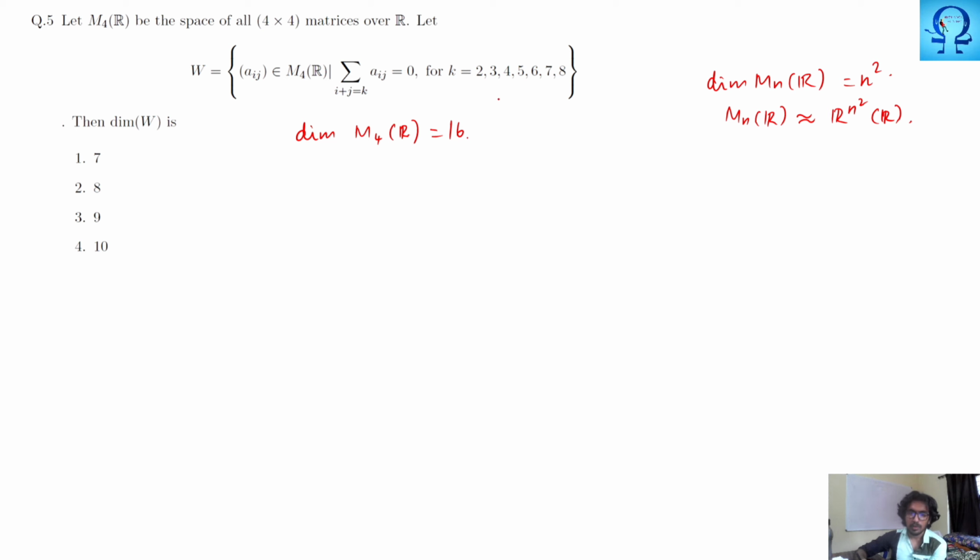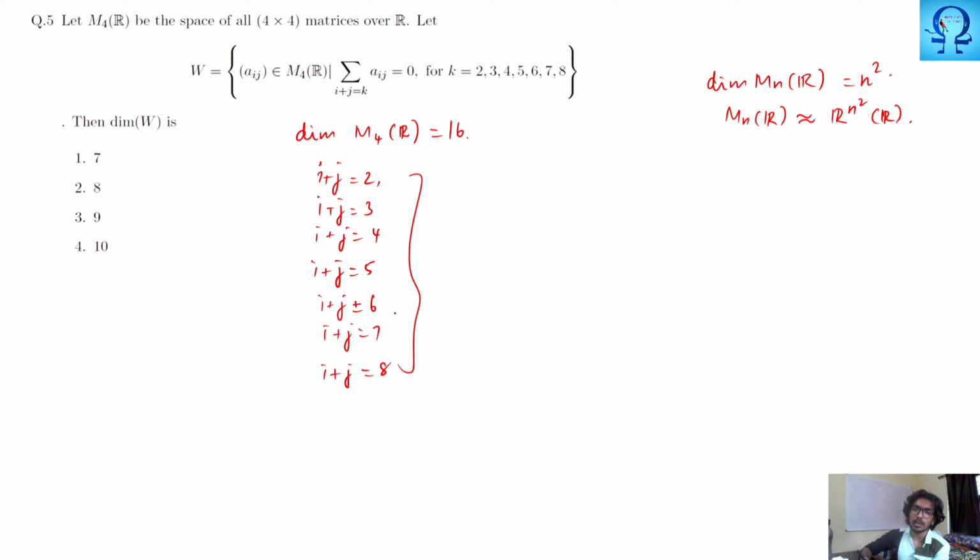Okay, now let us see how many restrictions we have here. Since M4 of R can be treated with the structure of R^(n squared) over R, you just identify the number of linearly independent restrictions here. When you choose k equals 2, you have i plus j equals 2. Then you have i plus j equals 3, then i plus j equals 4, i plus j equals 5, i plus j equals 6, i plus j equals 7, i plus j equals 8.